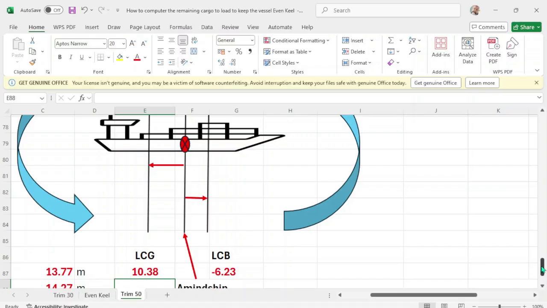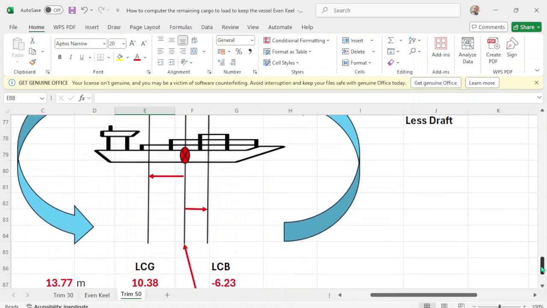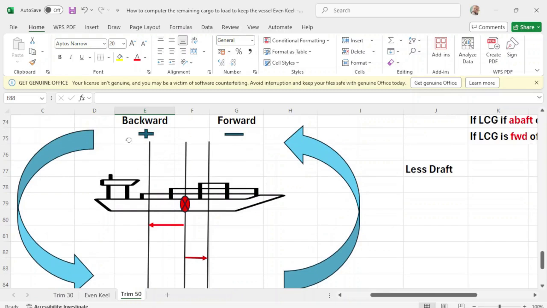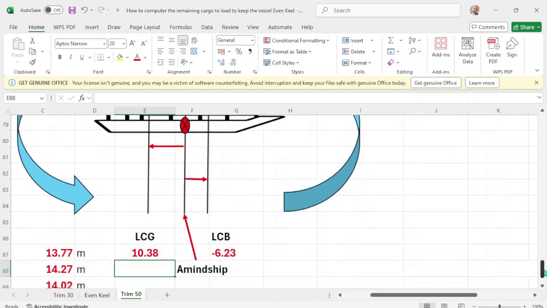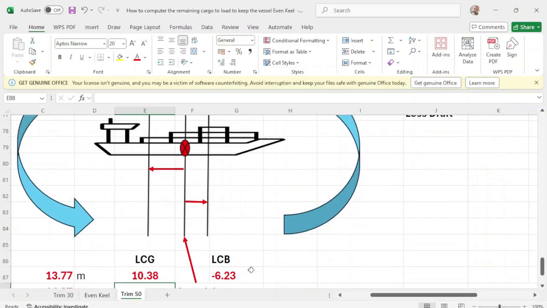Okay, now take note, without using the rule, the weight here, because of the weight of your cargo, the tendency of the vessel on this part will sink, the up part. That's why your arrow is going downward, because of the weight of your cargo. That's the LCG.